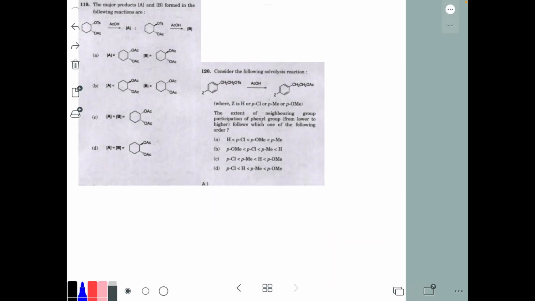Now we will discuss question number 120. Consider the following solvolysis reactions. The extent of neighboring group participation of phenyl group follows which one of the following order? They are asking rate of the reaction only simply.